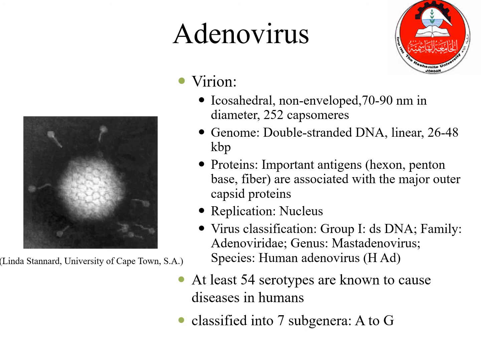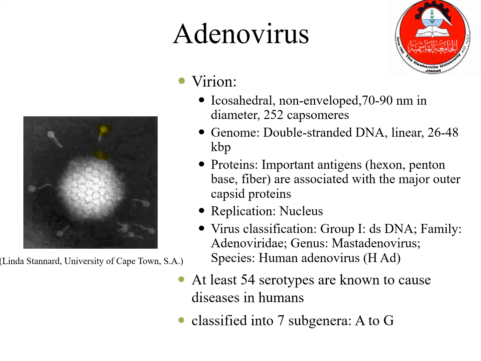It has a penton base here, protein. Also, it has penton projections here, and these help the virus in attachment to target cells, and also they are toxic to the target cells as well.